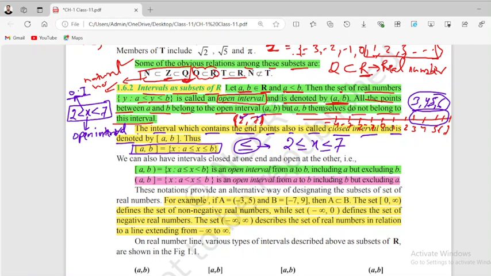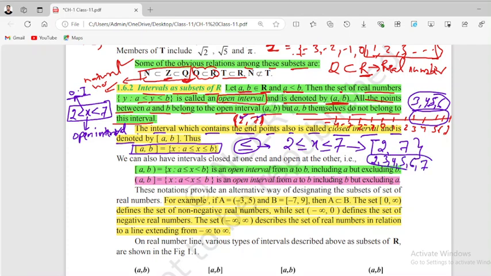So the closed interval shows that the elements 2 and 7, and everything between 2 and 7, are considered in this closed interval. We can take 2 and 7 with the numbers between. It means we can take 2, 3, 4, 5, 6 and 7.